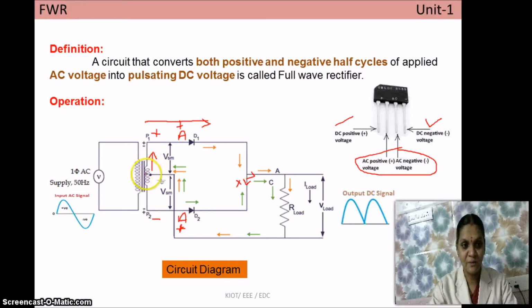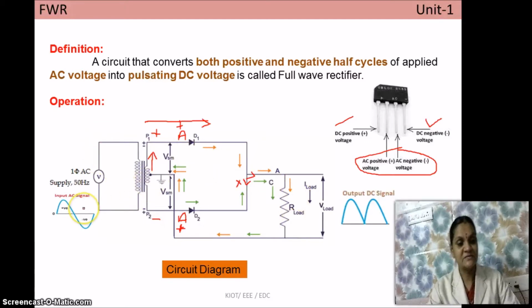So some amount of DC current is flowing through the transformer secondary. This is considered to be one of the drawbacks. So it may lead to DC saturation losses. So keep it in mind, the current flowing through the load resistance RL is in the downward direction during positive half cycle.